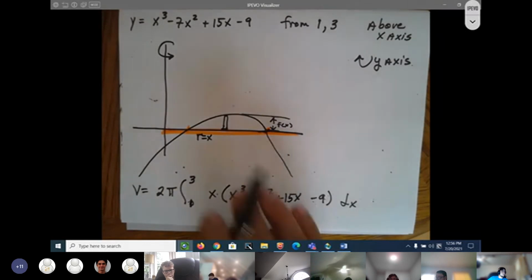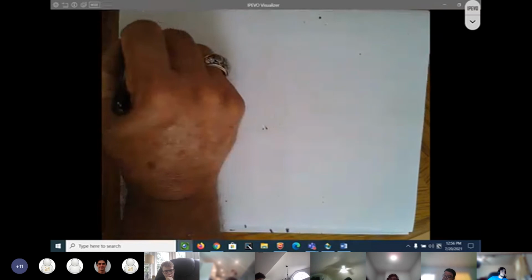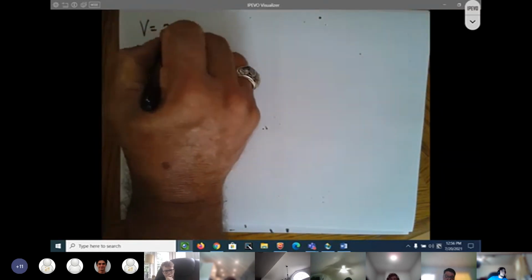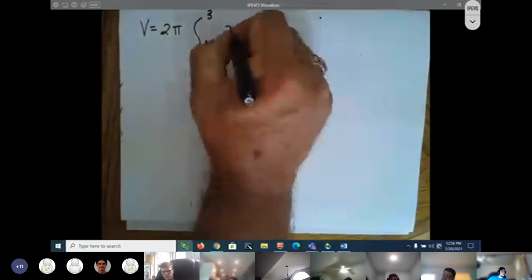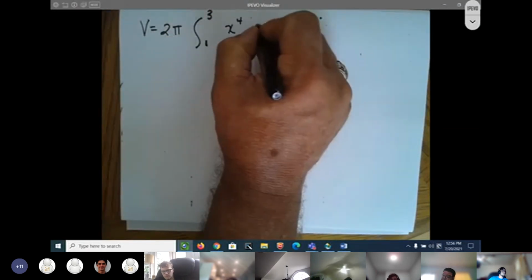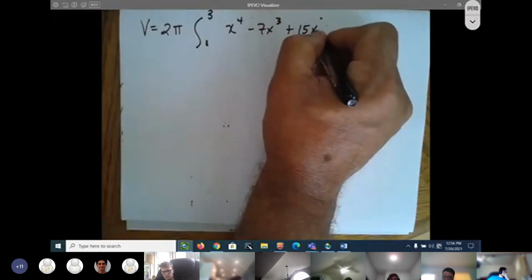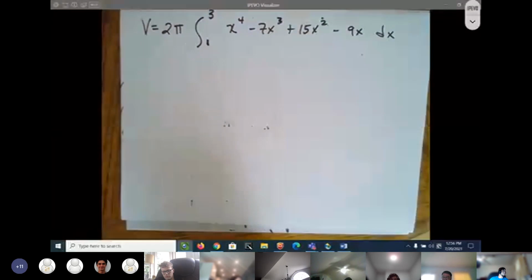Distribute the x, and we get V is equal to 2 pi from 1 to 3 of x to the fourth minus 7x to the third plus 15x squared minus 9x dx.